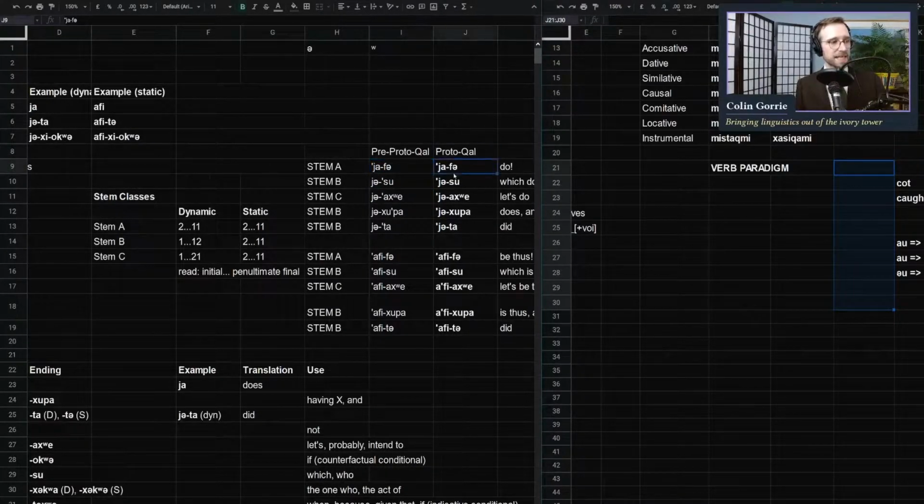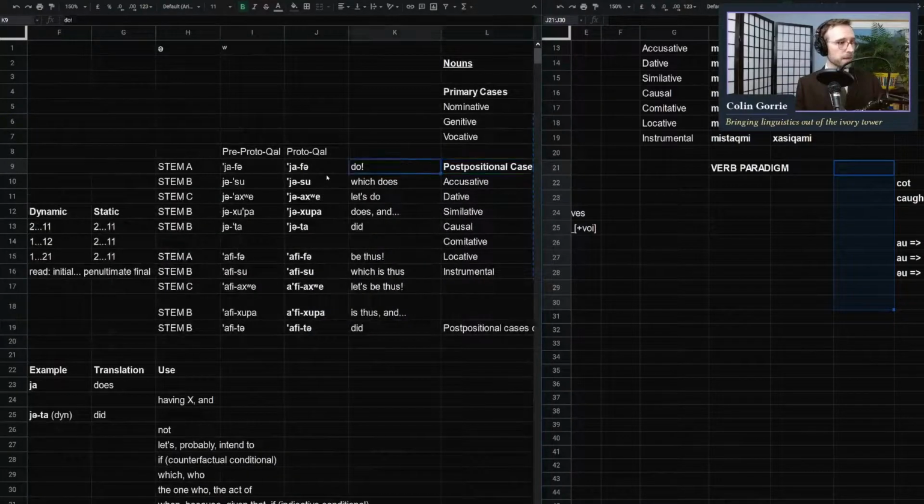So we have a paradigm like yafa, the imperative, do. Yusu, something which does, the attributive form, and Yahweh, let's do, sort of hortative form.